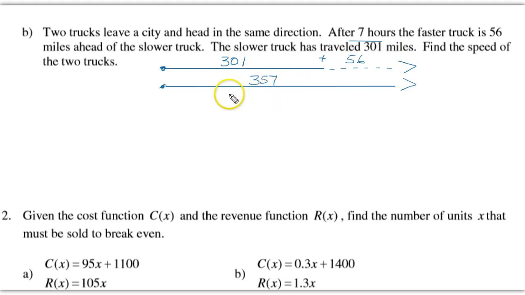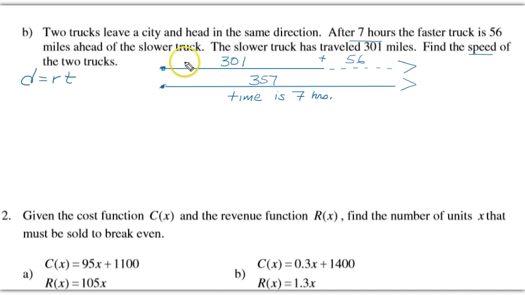And the time for all of this is 7 hours. Well, we could use the formula distance equals rate times time, and that's what we're trying to find out. We're trying to find the rate of speed for both trucks.